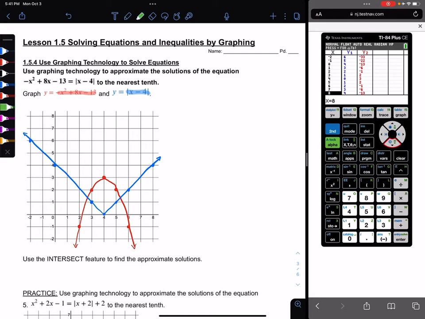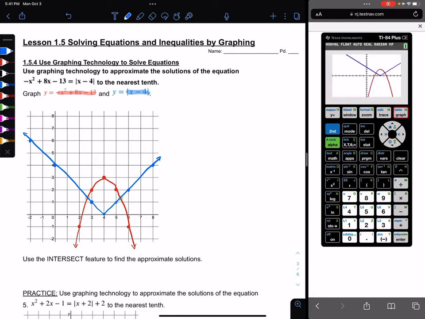All right, now you've done this before. You found solutions using graphs, and your solutions were where they intersected, and it was the x values of those points. Well, the problem here is that those points fall between numbers. They're not perfectly clear for us. So what we can do is use the graphing calculator to figure out what those exact solutions are, or at least an approximation. To do that, we're going to go back to the graph.